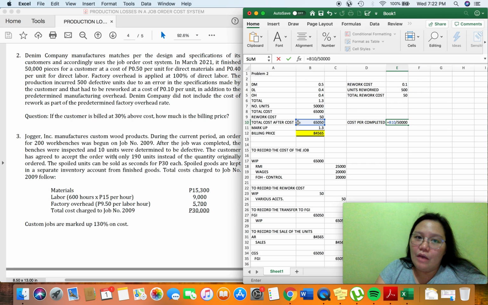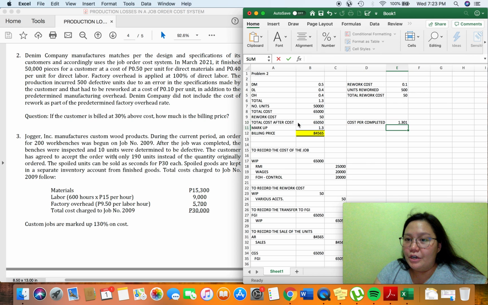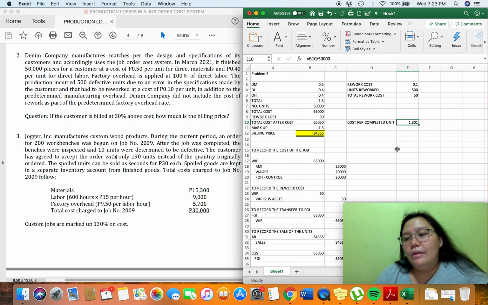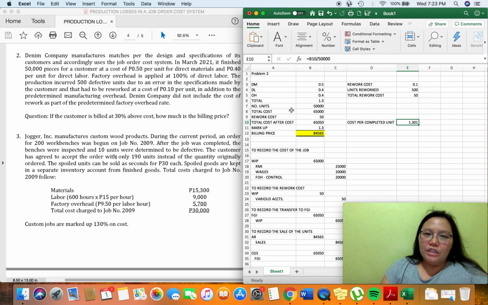Diba? Why 50,000? Because as mentioned earlier, since we have already reworked the defective units, they can be sold as good units again. So we will still deliver these defective units to our customer. Okay? So the cost per completed unit is now at 1.301. Okay? So that is the answer for problem 2.